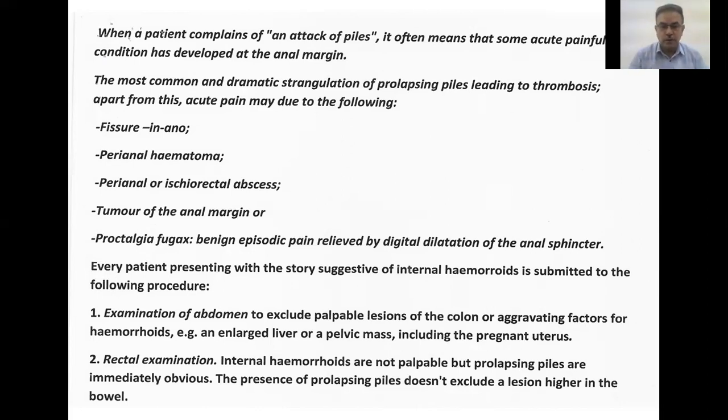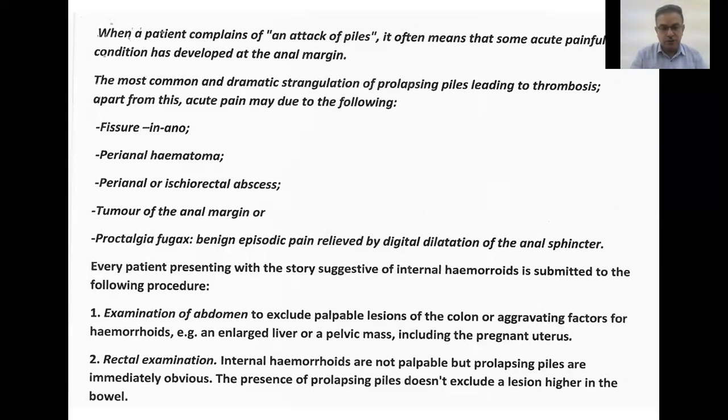Apart from this, acute pain may be due to the following: fissure in ano, perianal hematoma, perianal or ischiorectal abscess, tumor of the anal margin, or proctalgia fugax. Proctalgia fugax begins as episodic pain relieved by digital dilatation of the anal sphincter.